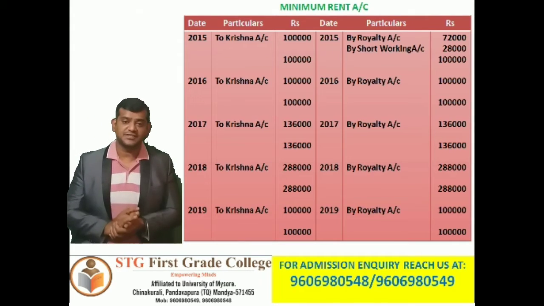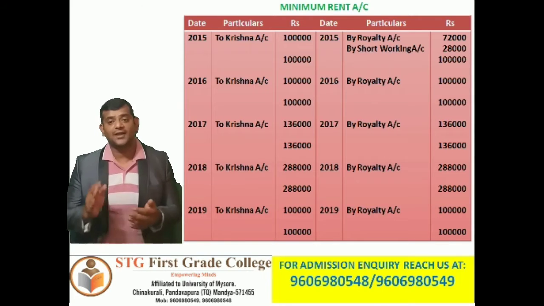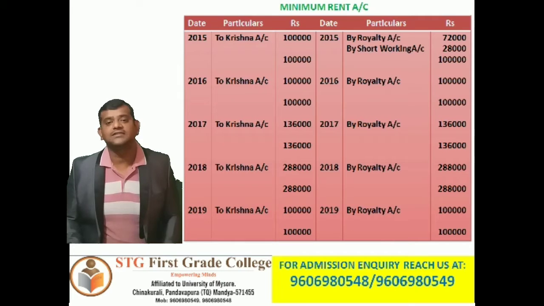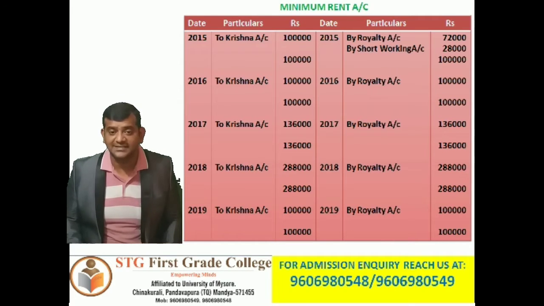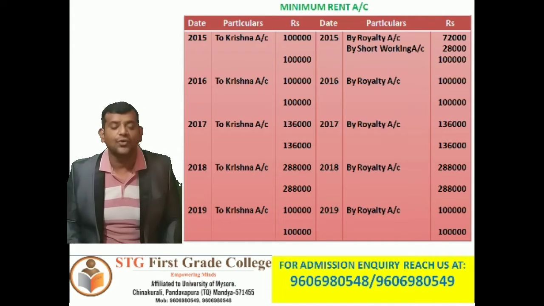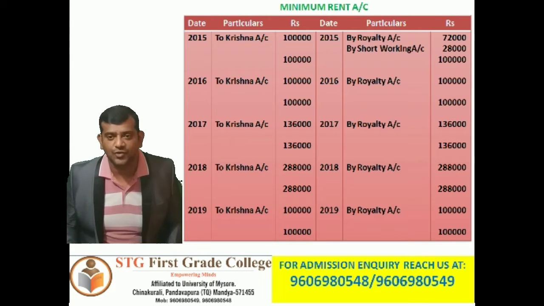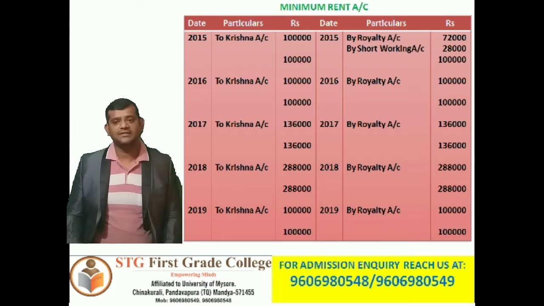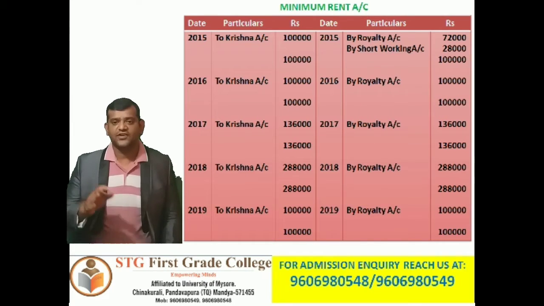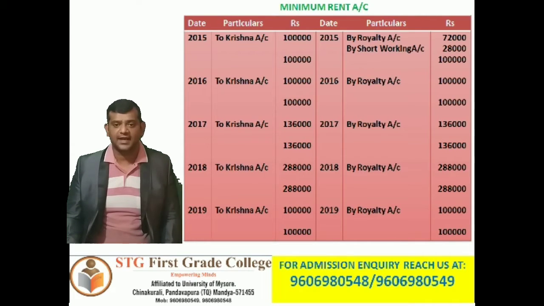In the year 2016, to Krishna account 1 lakh; by royalty account in the year 2016 was 1 lakh 2,000 rupees. So we are greater than the minimum rent. So 1 lakh rupees by royalty account, 1 lakh both sides. Next we are moving into the third year, to Krishna account.